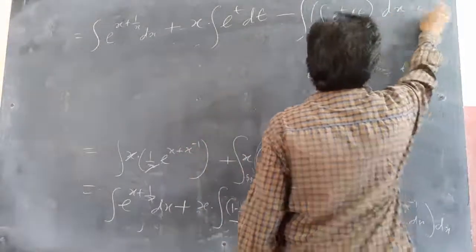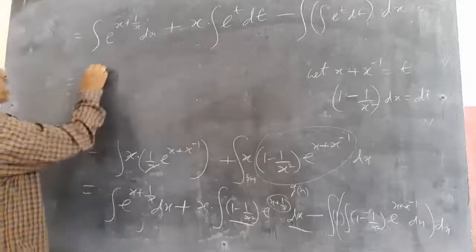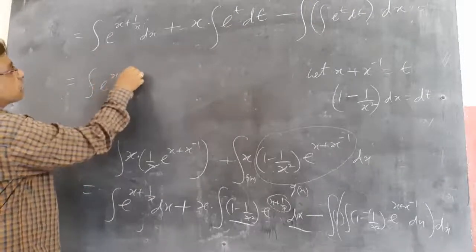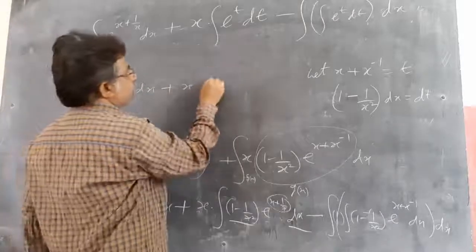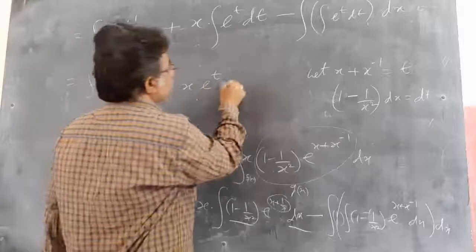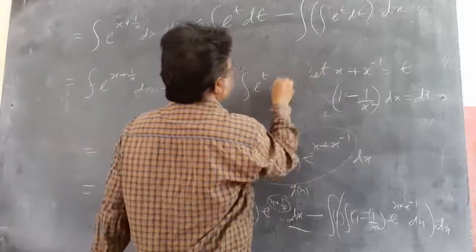So I am going to take the integral of e power x plus 1 by x dx plus x into the integral of e power t dt, which is e power t only, minus the integral of e power t dt, which is e power t only, into dx, whole dx.